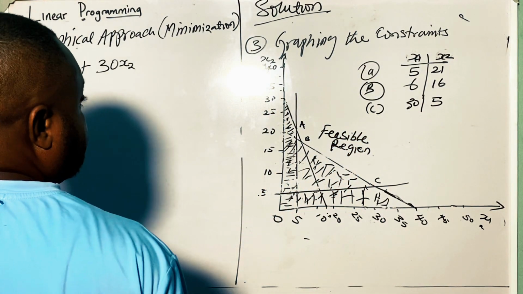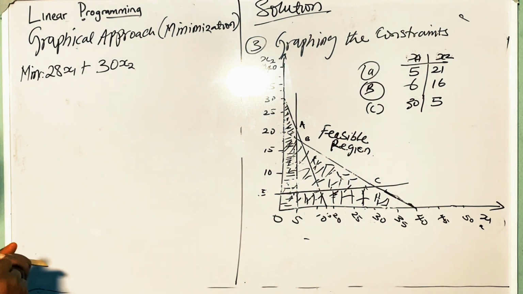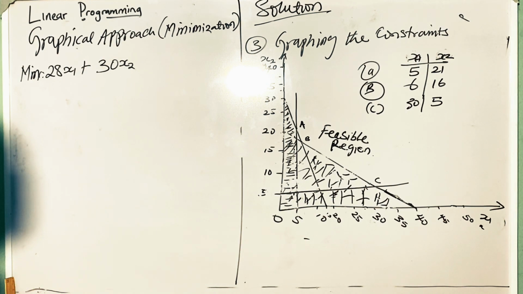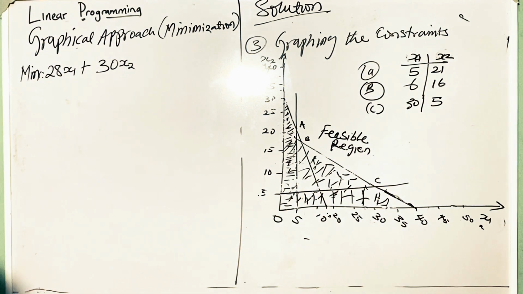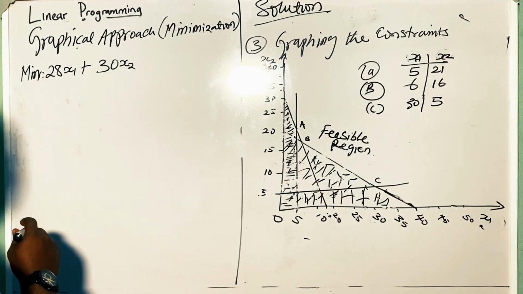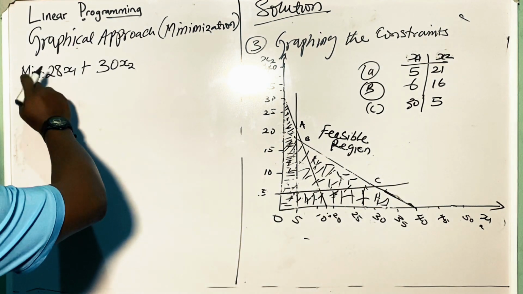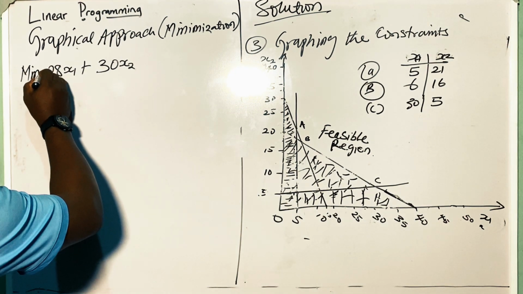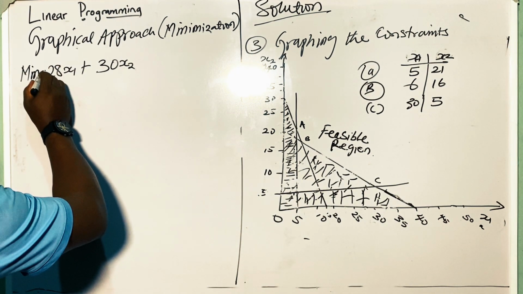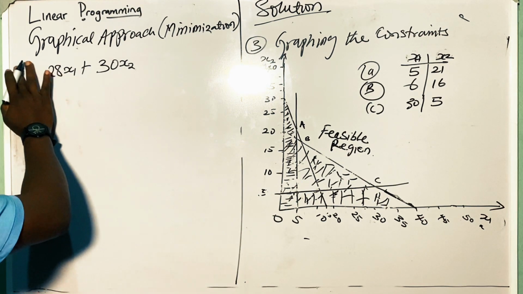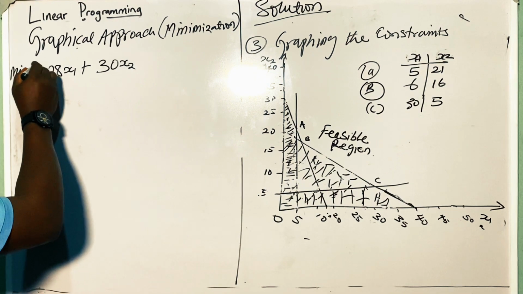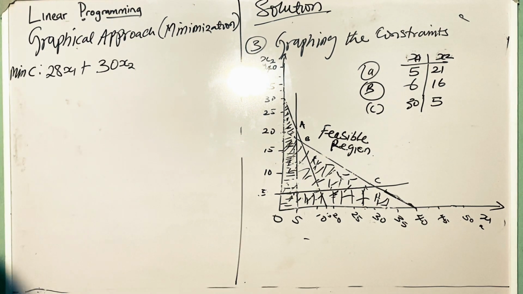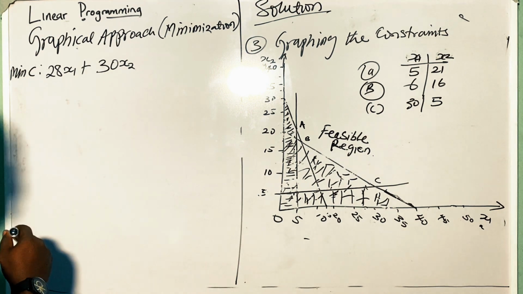So we're going to substitute values into the objective function to determine the best combination as it relates to cost. The objective function is to minimize cost, which is 28x1 plus 30x2.